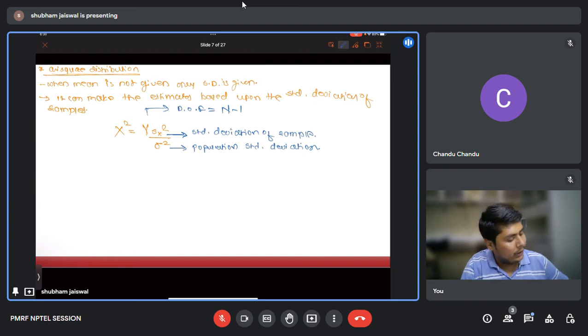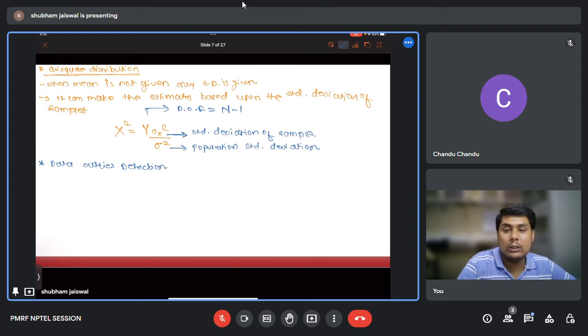And at the end we have seen data outlier detection, how to detect whether data are outliers or not. So this is what we have covered in our last week's content. Now moving towards solving our problems.